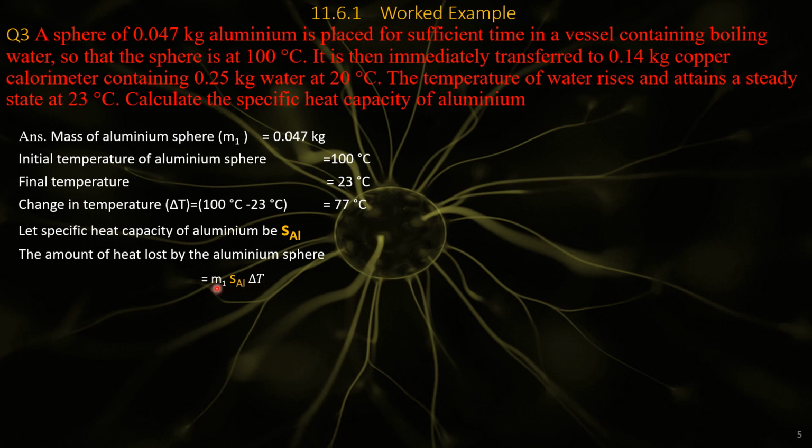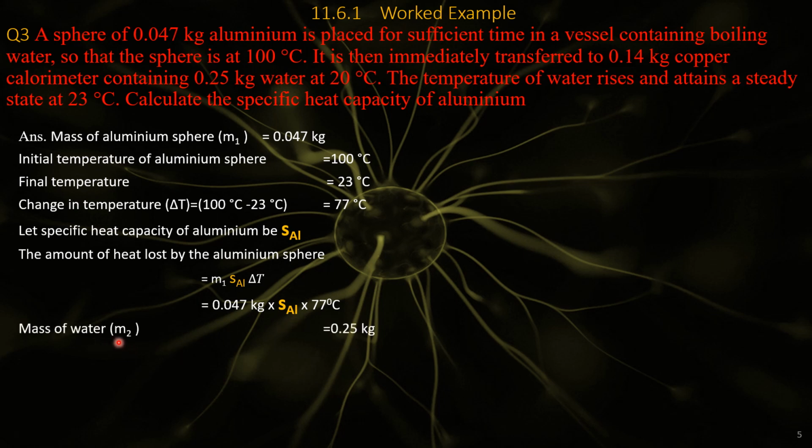Therefore, it is given by the formula M1 into S aluminium into delta T, that is equal to 0.047 kg into S aluminium into 77 degrees. We have to calculate the value of S aluminium.